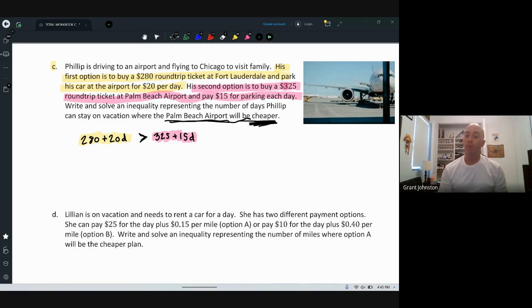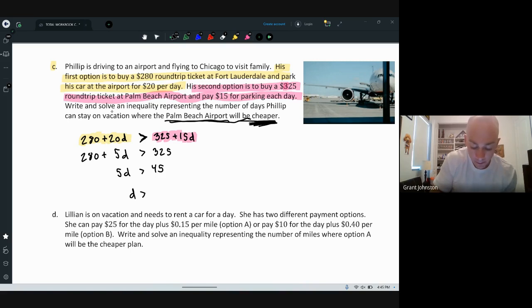And then we solve. So I'm going to get the variable to one side. So I'm going to subtract 15d from both sides. So I'm going to have 280 plus 20 minus 15 would be 5d, and then 325. Subtract 280 from both sides. That would be 45. Divide by 5. 9.